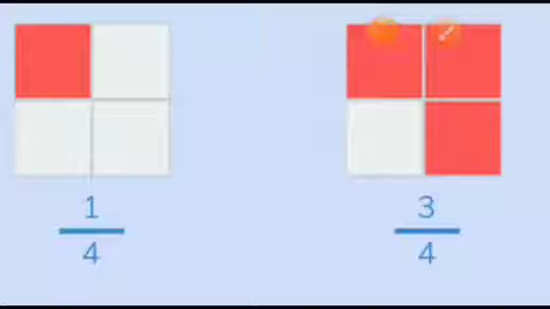Now instead of using the circle, you can also use square pieces of colored papers. As you can see, in the first square only one portion has been colored, the color paper is pasted, and in the next one three portions are colored.